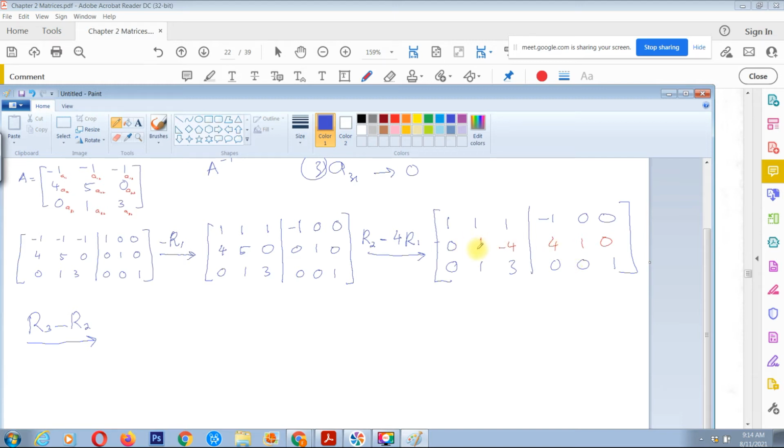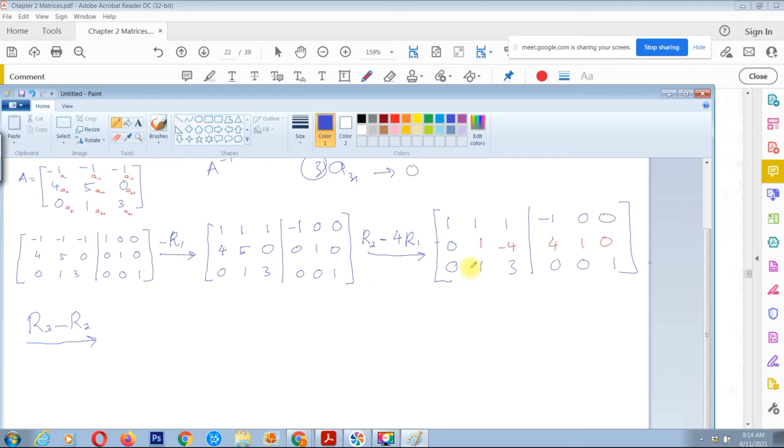Here, no, the one below. Don't you want that to be 0? You want this to be 0, so should we minus the first row or the second row? Second row. Why do we not minus the first row? Because it is complete. It met all the criteria.